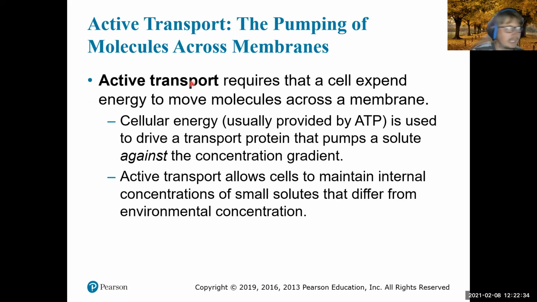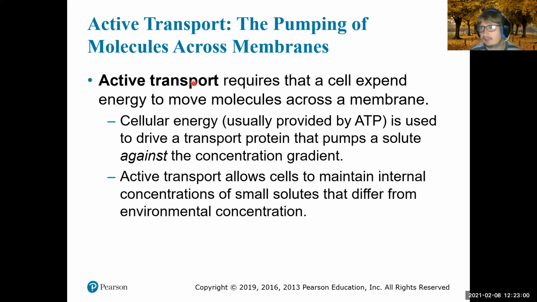Okay, so now we know how energy is transferred to a molecule to allow that molecule to do work. We're now going to look at active transport, where active transport is moving molecules across the plasma membrane against its concentration gradient, and it does so through the use of energy from ATP.